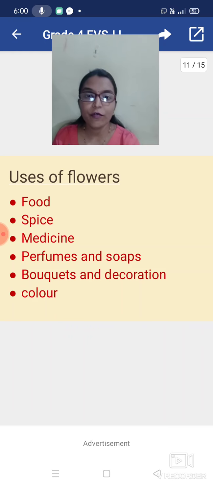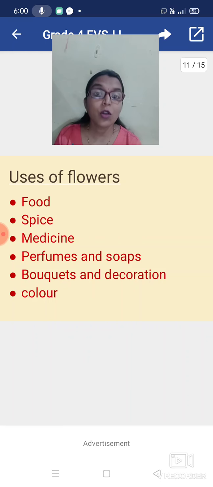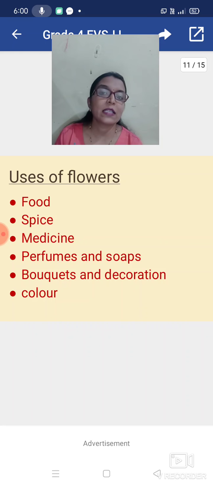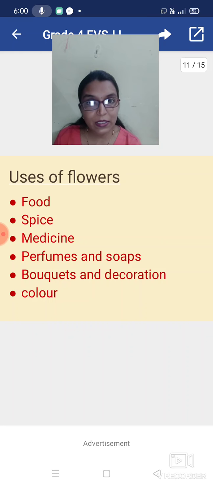Then uses of flowers. Some flowers go into food, so we can use them as food. Some flowers, like clove, when dried, are used as a spice. Some flowers are used for medicine, like China rose, which is hibiscus.